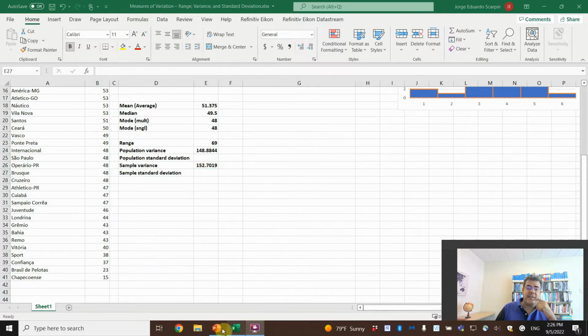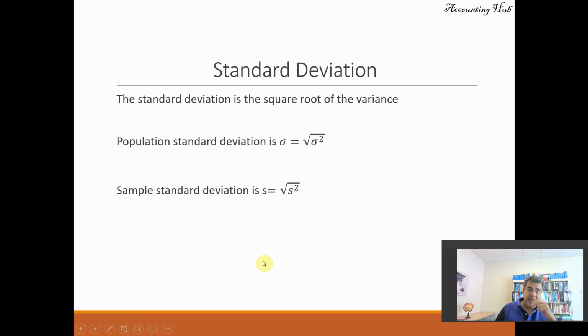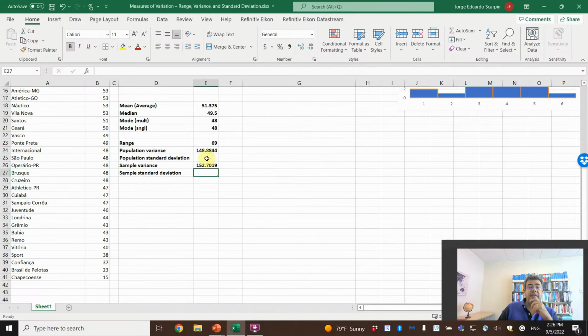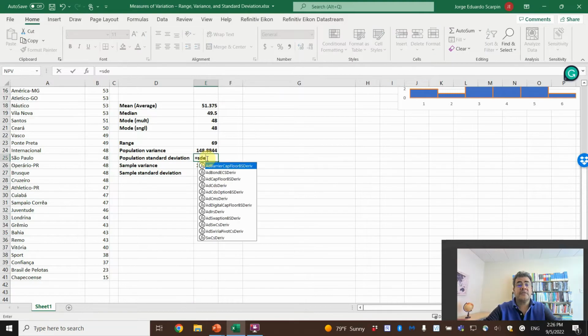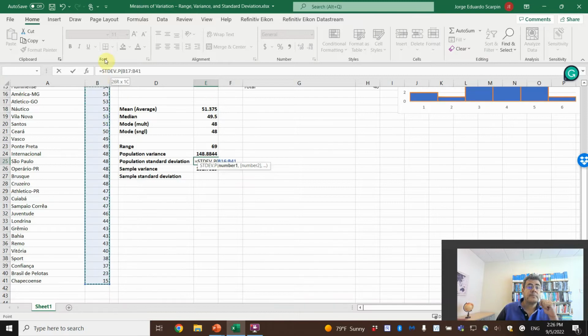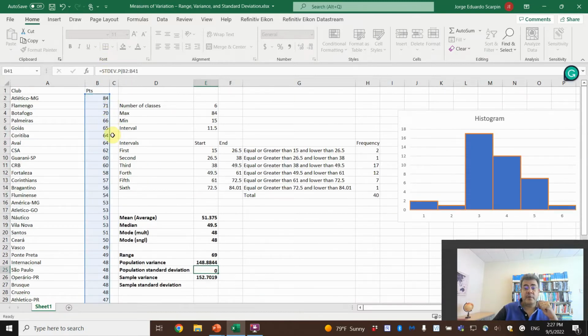And what is the standard deviation? It is the square root of the variance. Population standard deviation is the square root of the population variance. Sample standard deviation is the square root of the sample variance. And then for this standard deviation, STDEV.P, standard deviation of population, it is here, the 12.